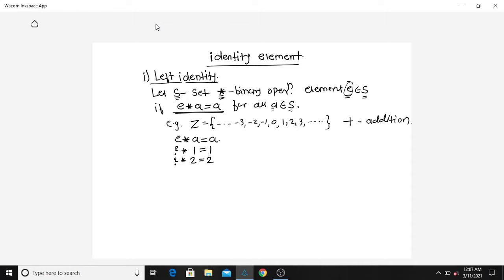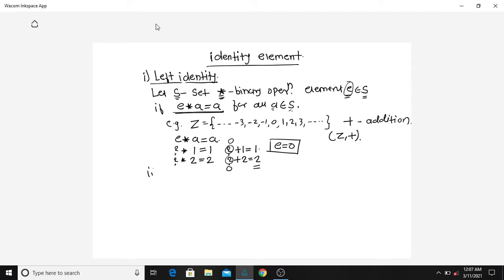I can write what plus 1 gives you 1, or what plus 2 gives you 2. If you replace this question mark by 0, then you will get 0 plus 1 as 1 and 0 plus 2 as 2. Then the value of E is 0, which is a left identity for this algebraic system Z comma plus.